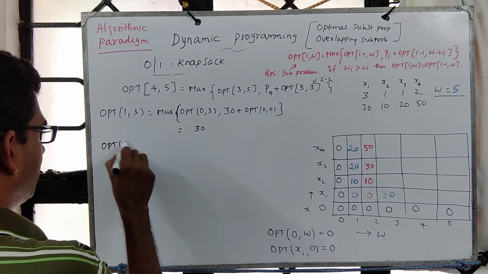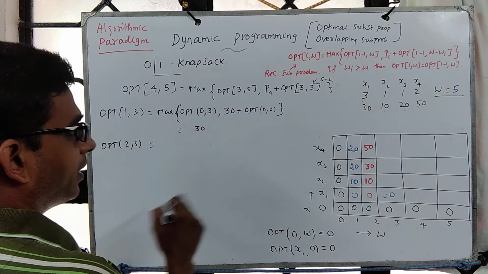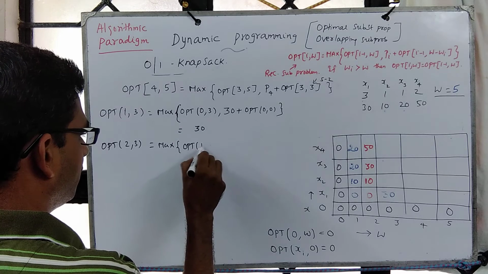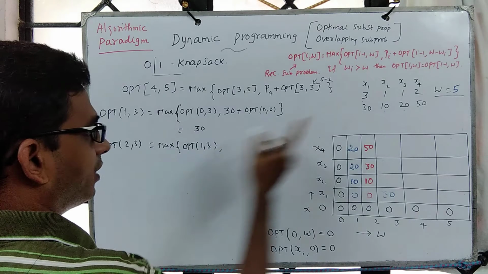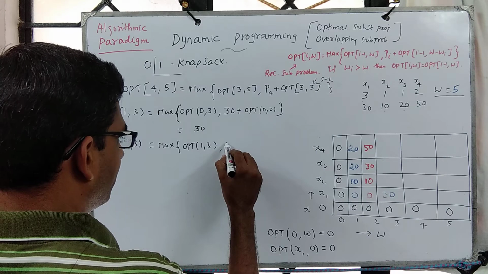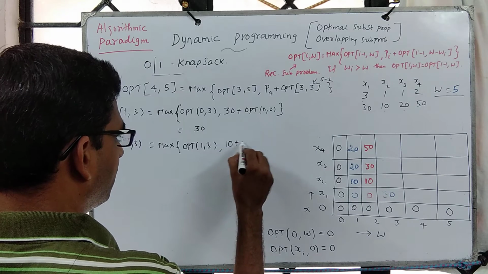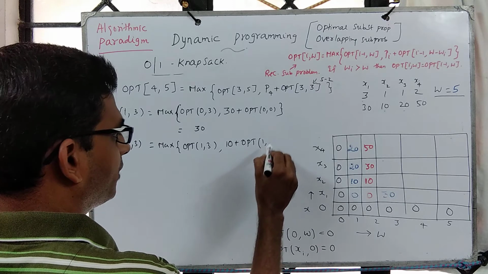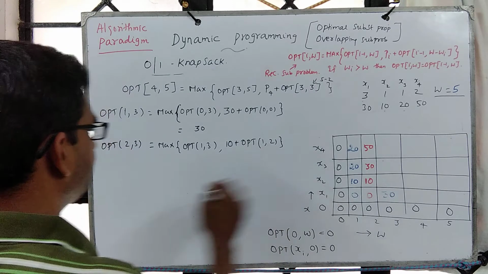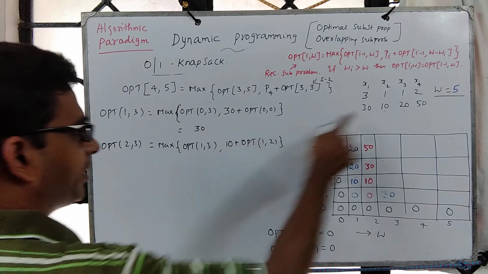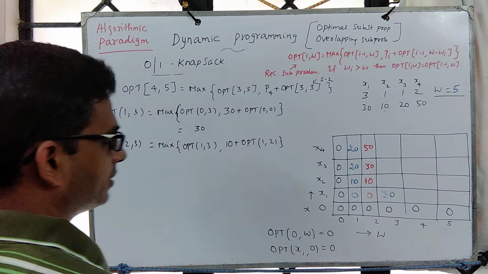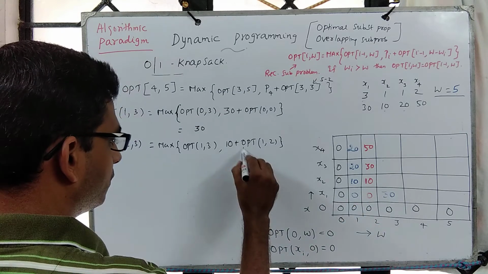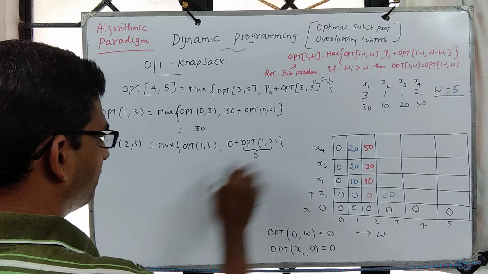Next we look at opt of 2 comma 3, and this would be max of opt of 1 comma 3, or include the second object whose profit is 10, then work with the subproblem 1 comma 3 minus 1, its weight, which is 1 comma 2, and opt of 1 comma 2 is 0, so we get 10 from this.